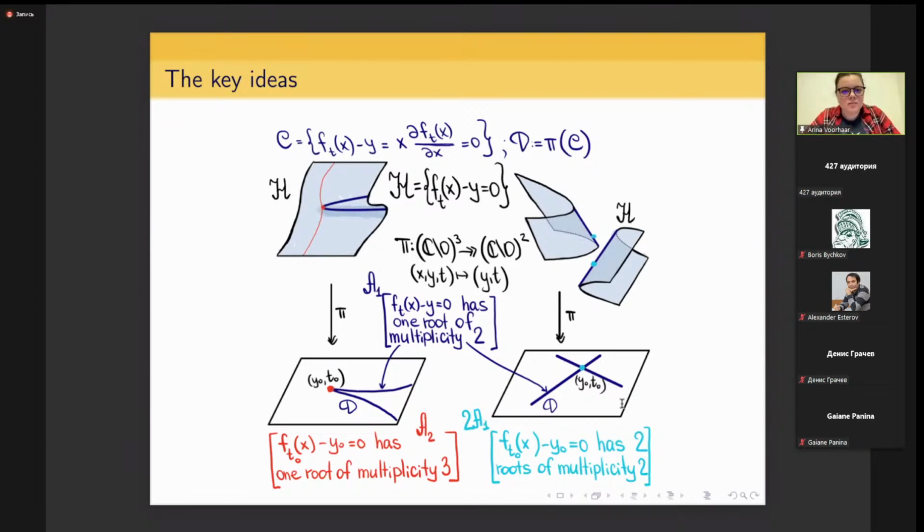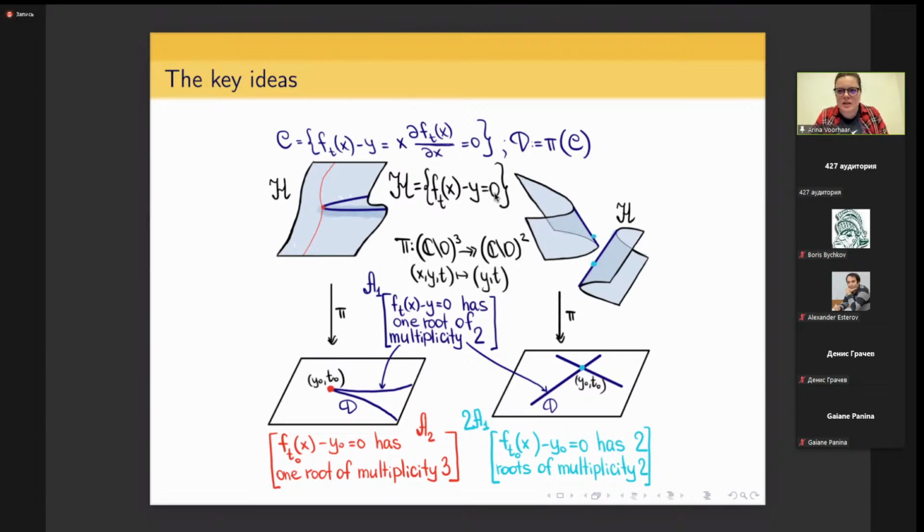So what we can do is the following thing. First of all, we start with the idea of introducing one more variable. We introduced only one variable t, so why not introduce one more? We consider a hypersurface defined by the equation f_t(x) minus y equal to 0.